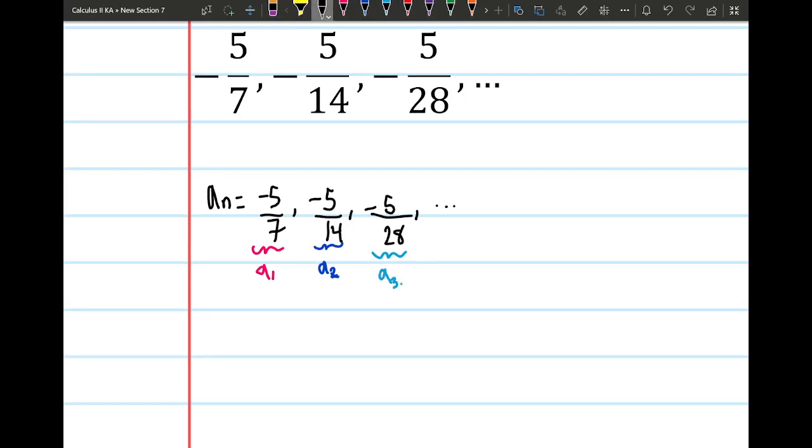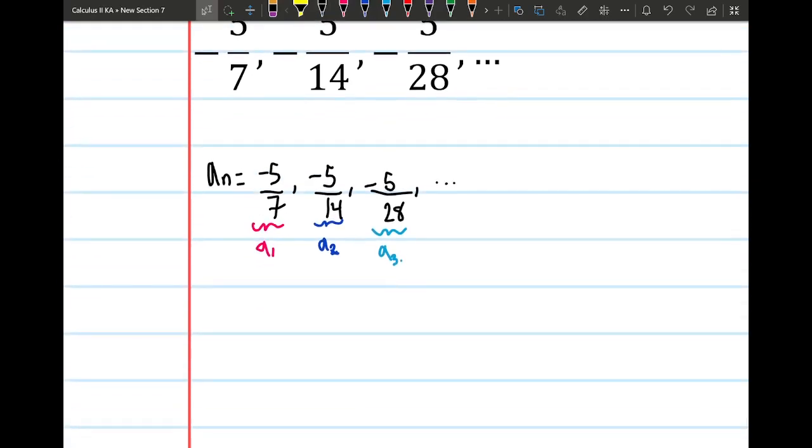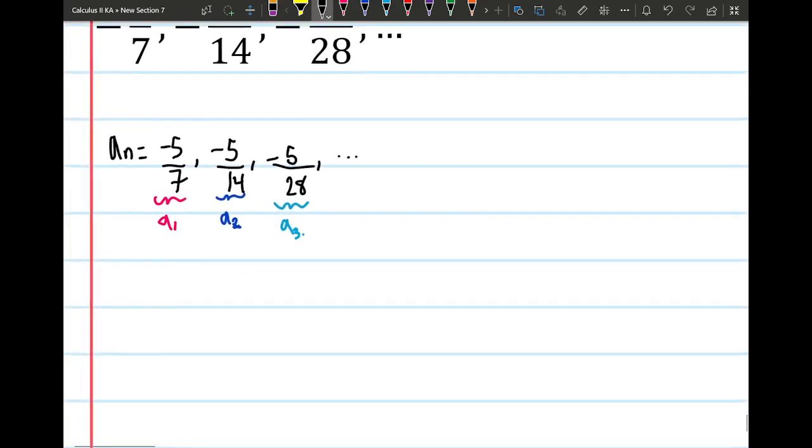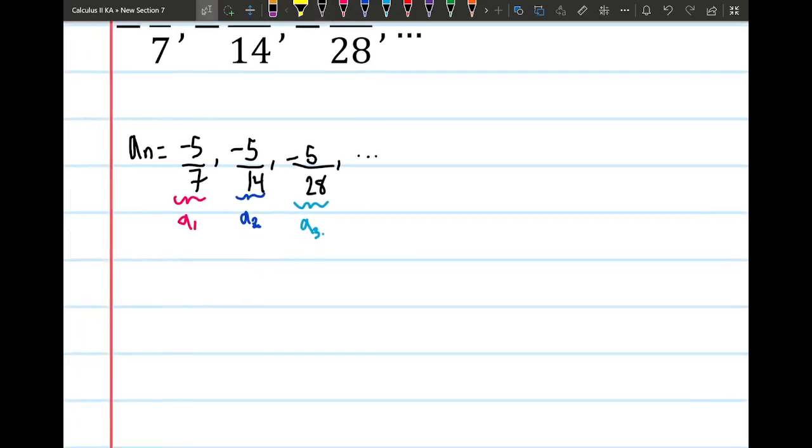If you look at the pattern on the top, we can see that nothing is really going on. It's really just being multiplied by itself, so we can leave it as it is.